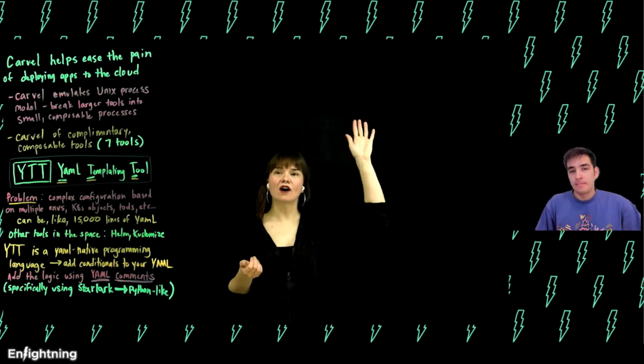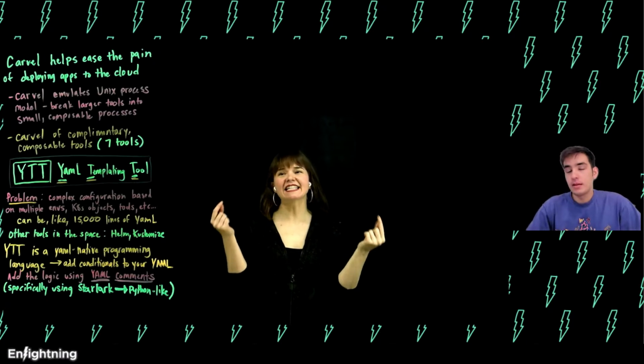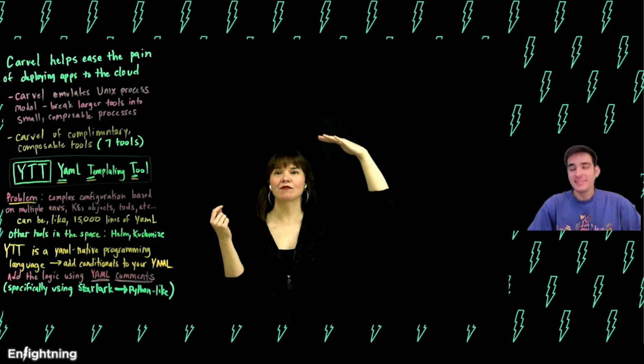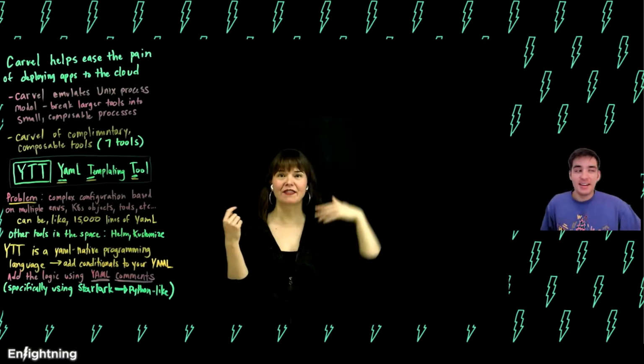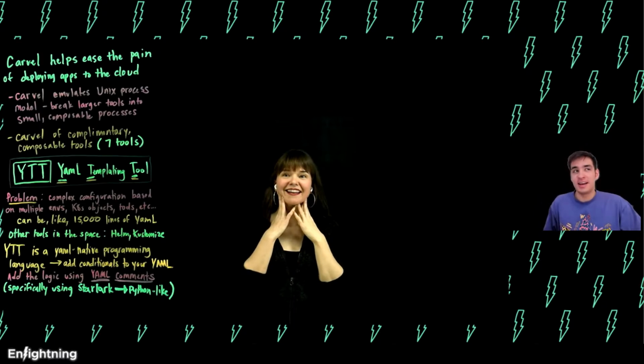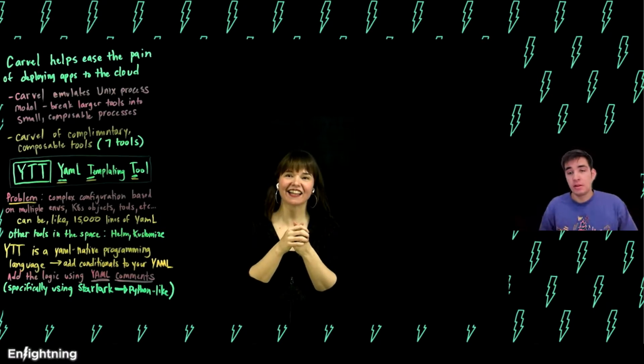So I have two questions now. One is, will you give me an easy example of some sort of conditional that you might write into your YAML, and then what YTT will do with it? Oh, this one's so good. Say that we have a deployment that we want to put into our development clusters that just run on our laptops.